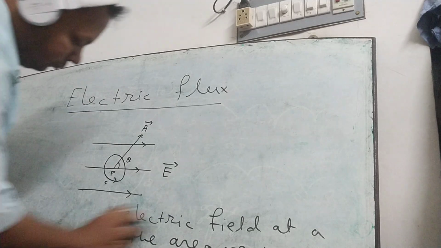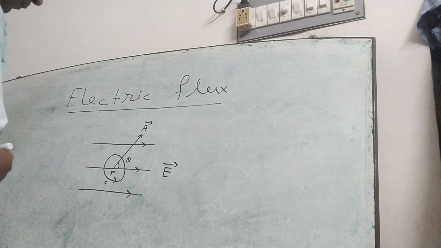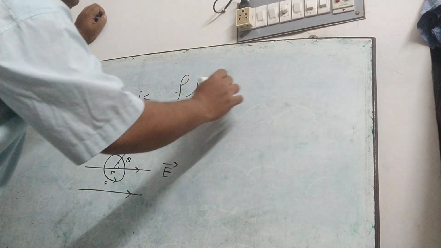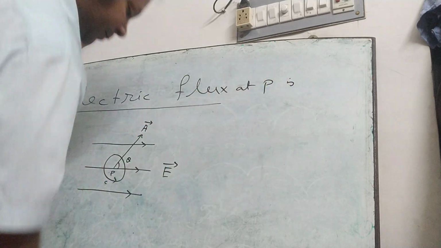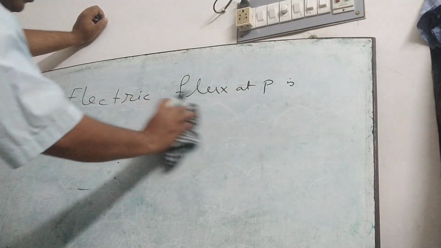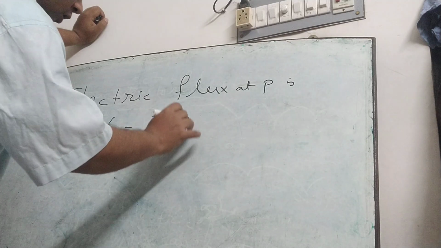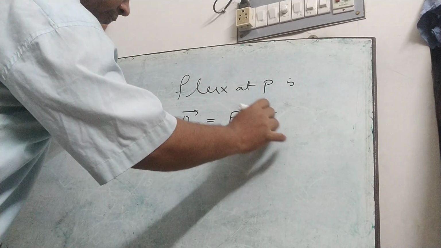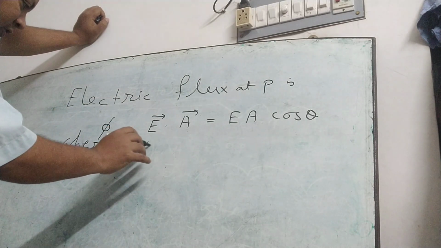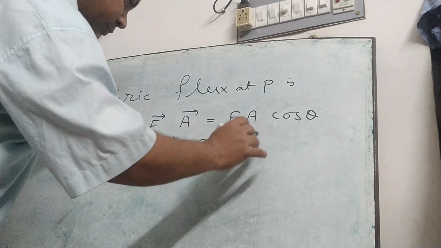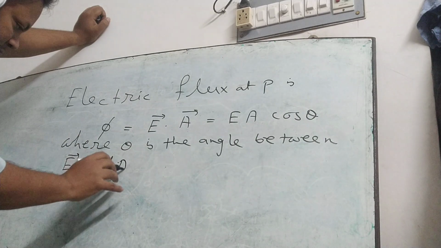That is, the electric flux at the point P is phi equal to E vector dot A vector, equal to EA cos theta, where theta is the angle between E vector and A vector.